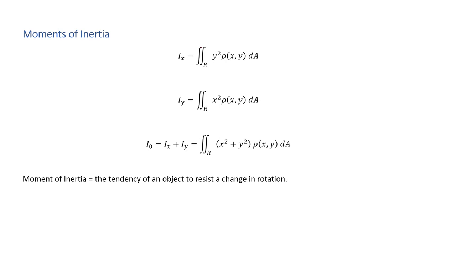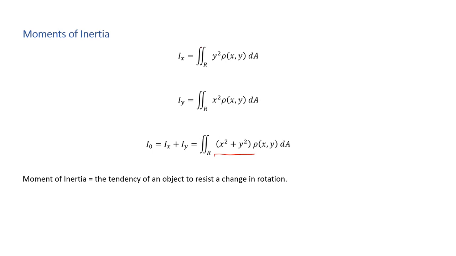And then finally, this I sub 0 is our moment of inertia with respect to the origin. That's going to be the sum of our I sub x and our I sub y. Or I guess if you add those two integrals together, you get x squared plus y squared times the density function integrated over area.